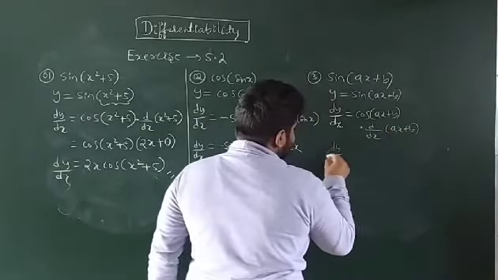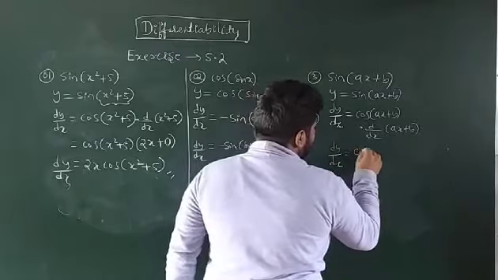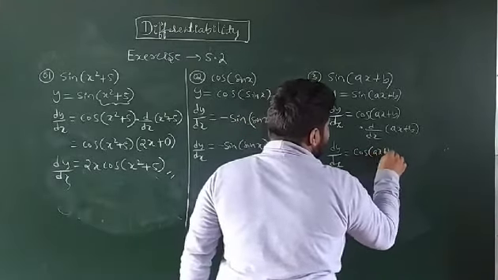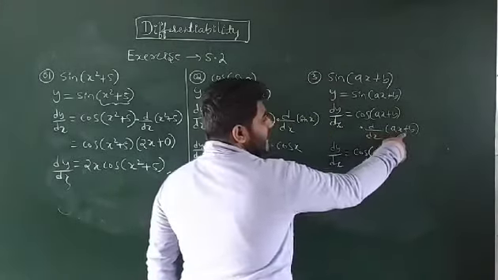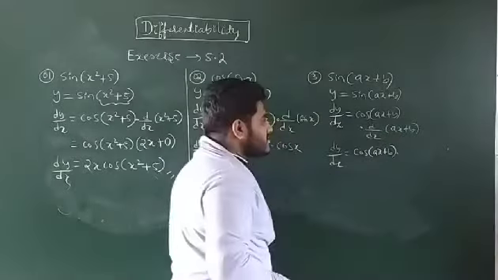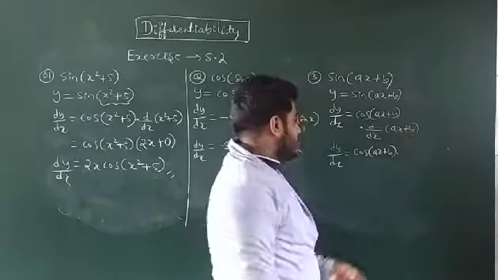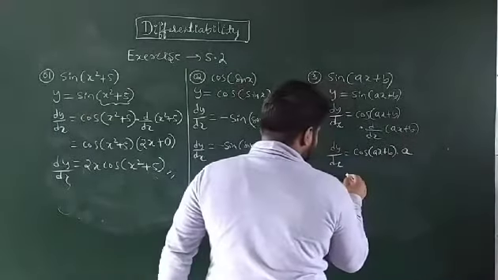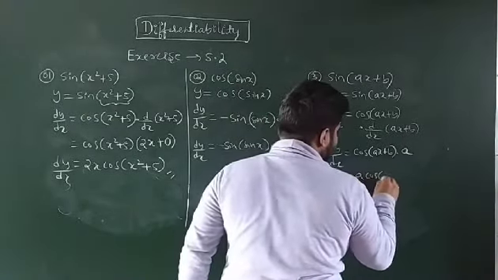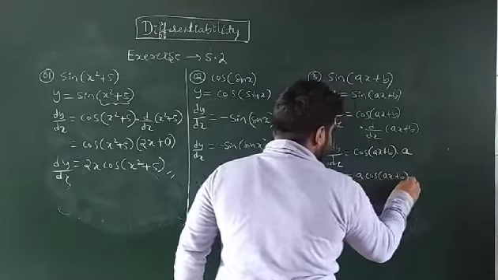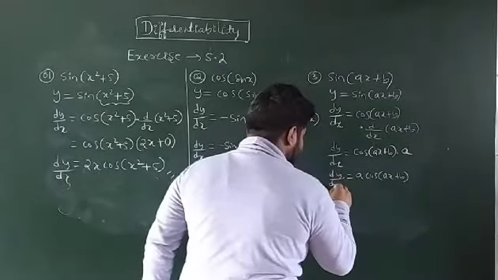The derivative of ax is a, because a is a constant, the differentiation of x is 1, plus the differentiation of b is 0. So we are getting a. So this is the answer: a into cos of ax plus b is the answer for this question.